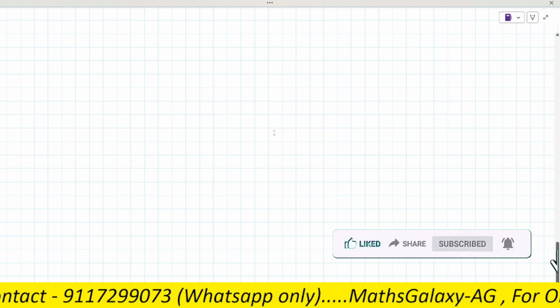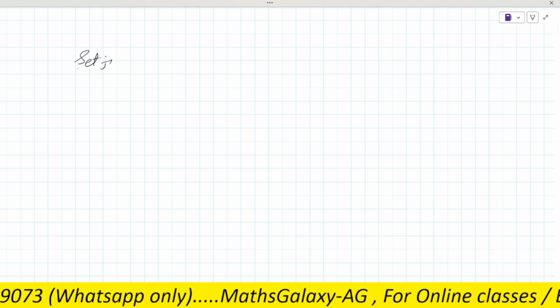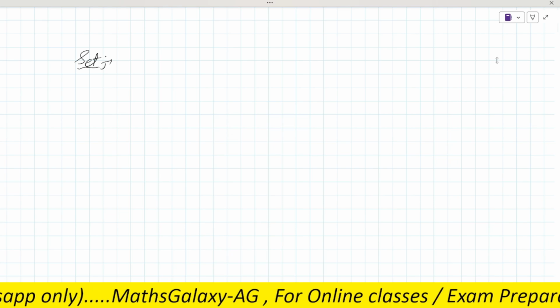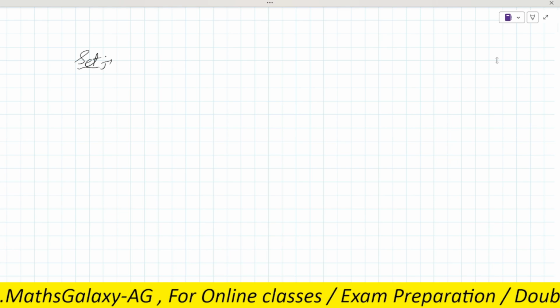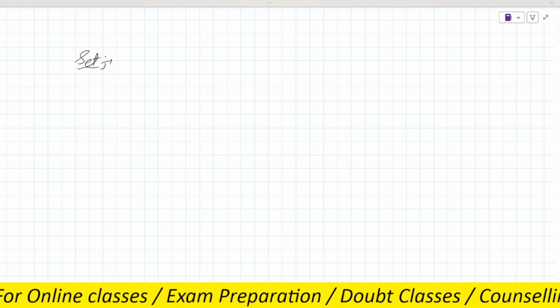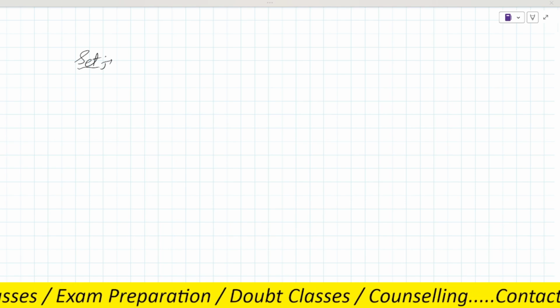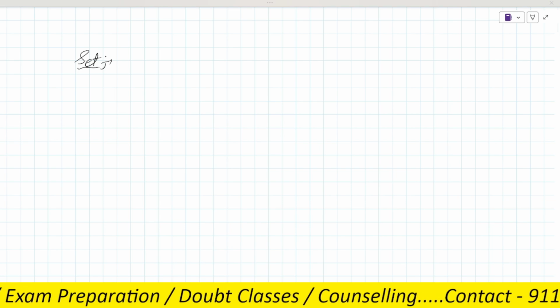What is the meaning of set? Set is the possible outcomes in a function. Outcomes. Are you sure? Not outcomes.